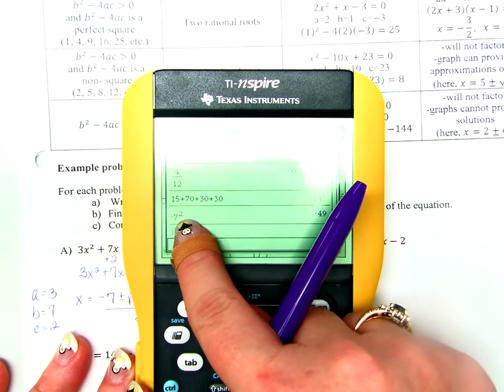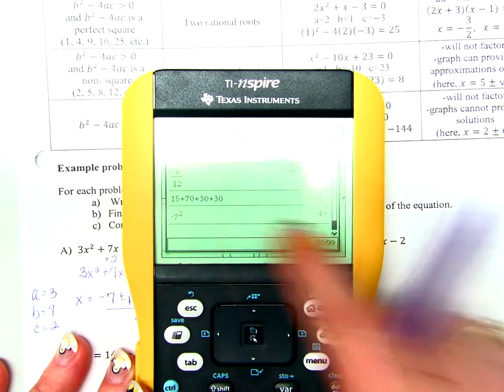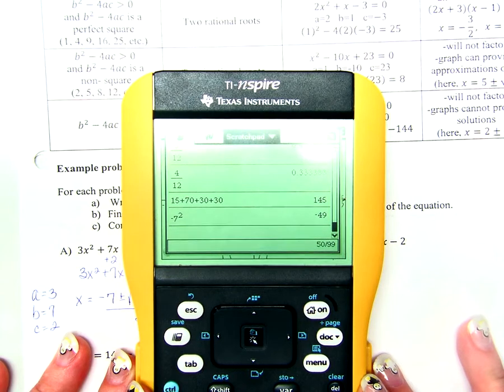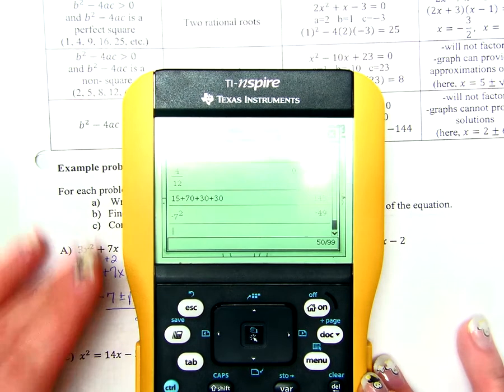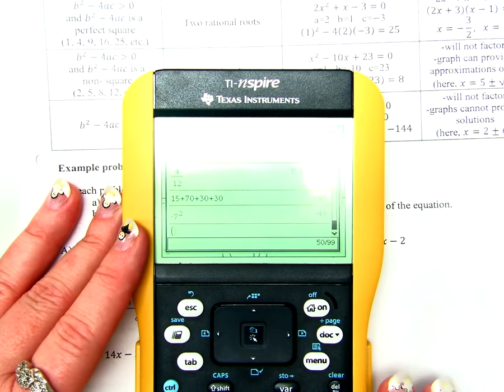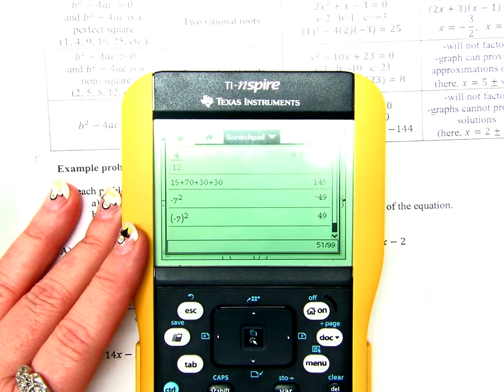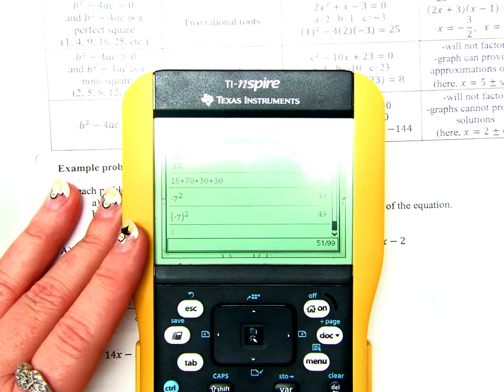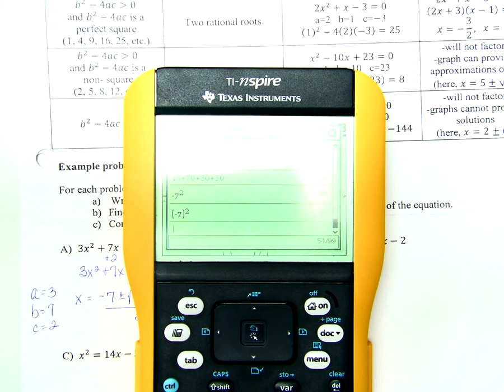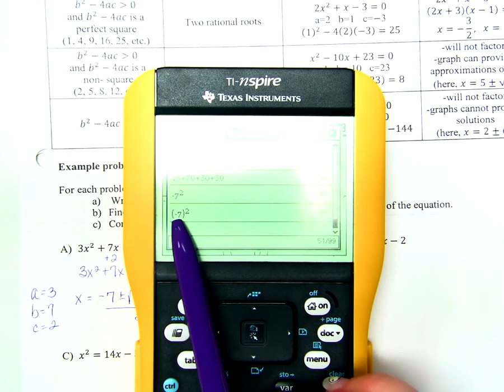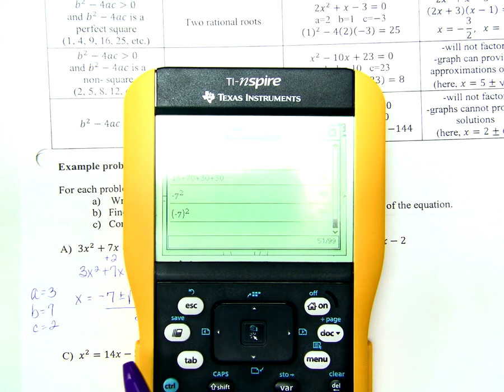No. You told the calculator to square the 7 and then multiply by a negative. And that's what it did. What you meant was parentheses negative 7 squared. Isn't it? But I can't tell you how many people forget their parentheses. Because what you're telling the calculator to do here is to square a negative 7.